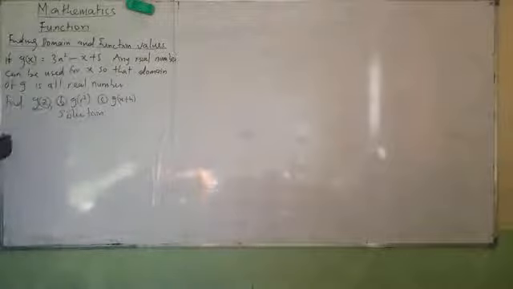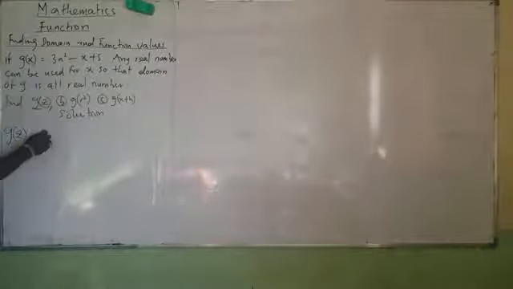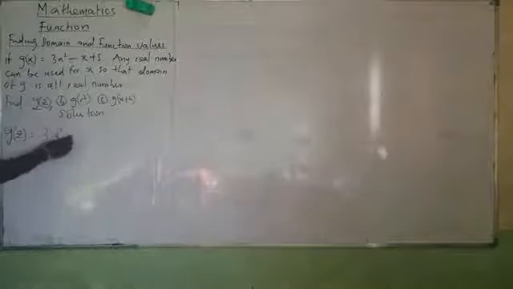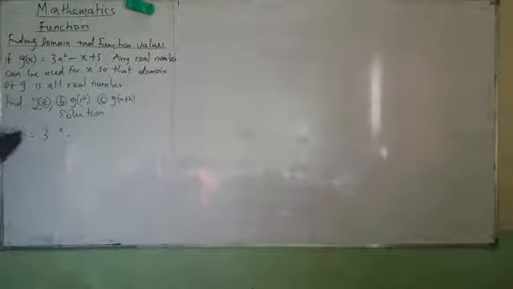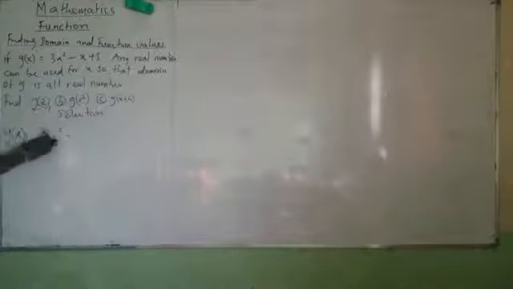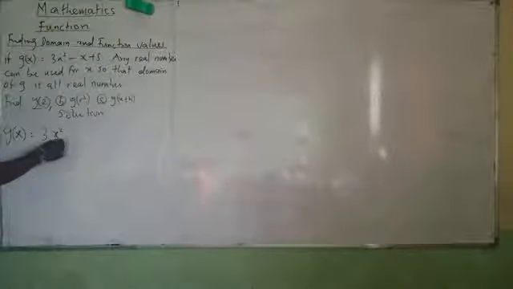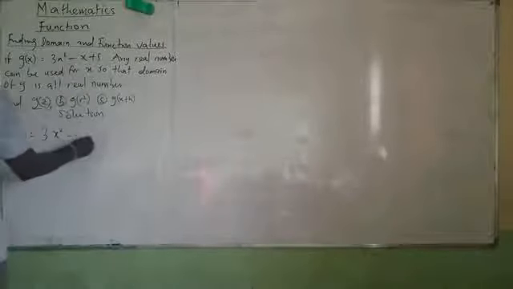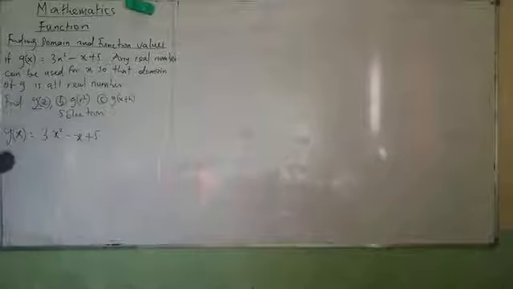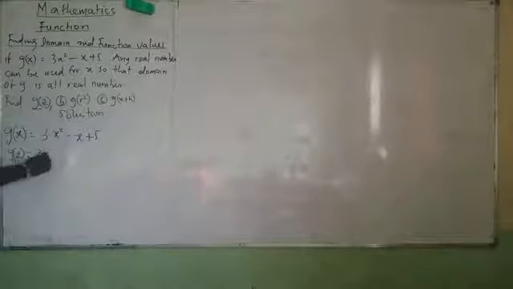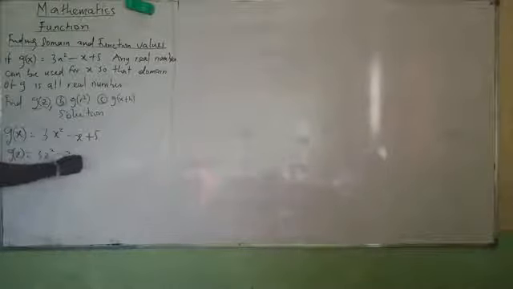Now, what you just need to do: my g of x will be equal to 3x squared minus x plus 5. Now g of z will be equal to 3z squared minus z plus 5.